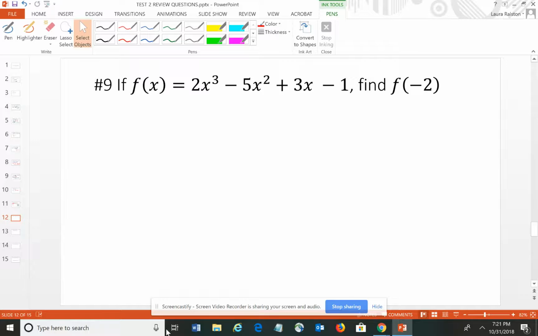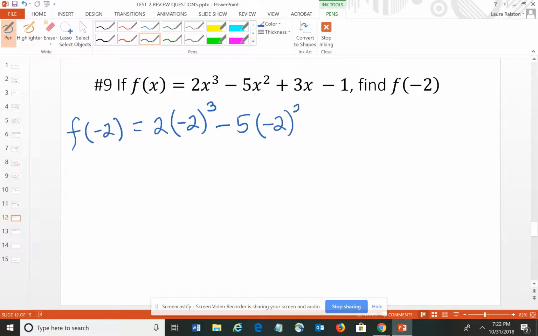Right, number 9. If f of x equals 2x to the third minus 5x squared plus 3x minus 1, find f at negative 2. Guys, here again, this is a straight flat out plug and chug. And you can use your calculator. So f at negative 2 equals 2 times negative 2 cubed minus 5 times negative 2 squared plus 3 times negative 2 minus 1.